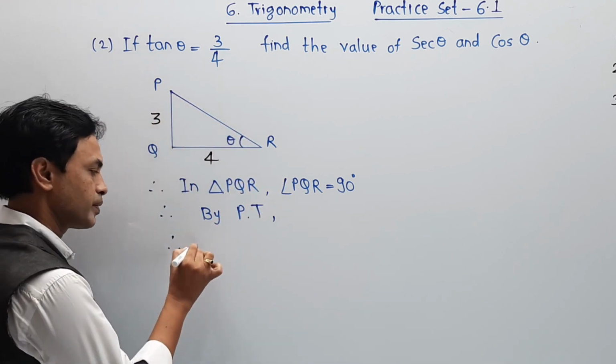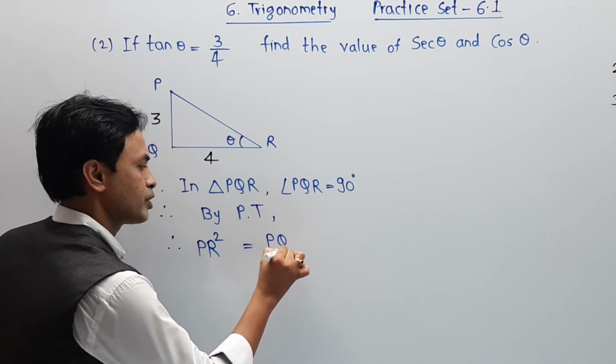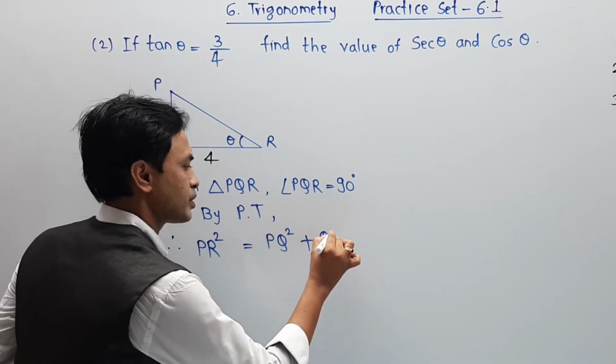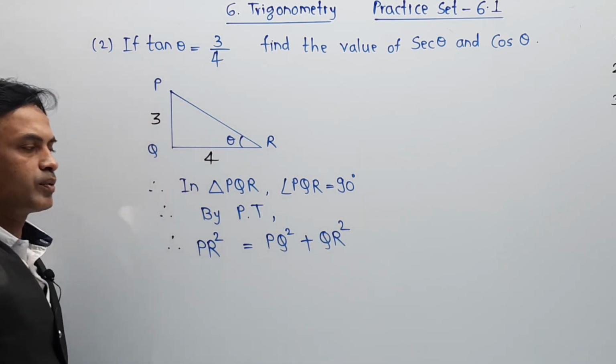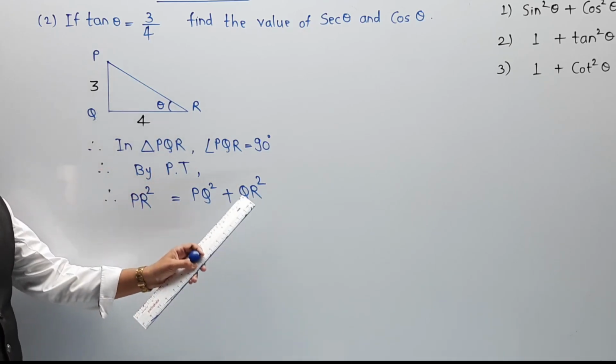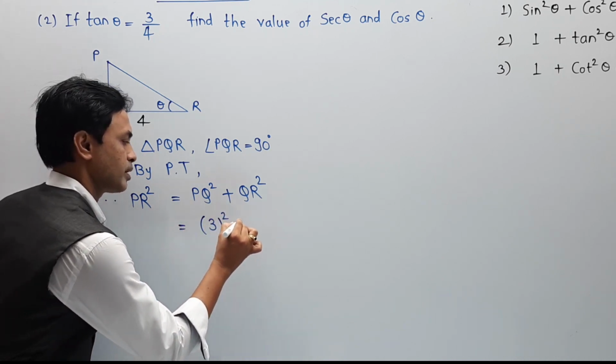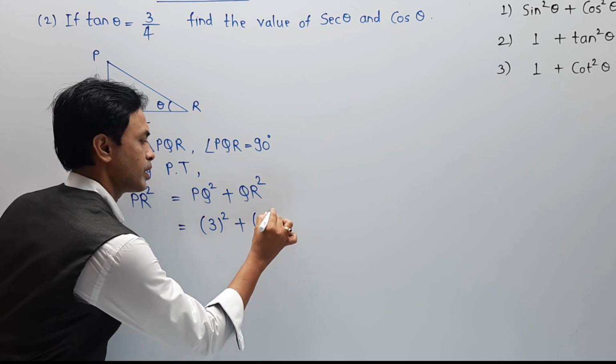Therefore PR square is equal to PQ square plus QR square. Now we know the value of PQ is 3 and the value of QR is 4. So that simply becomes 3 square plus 4 square.